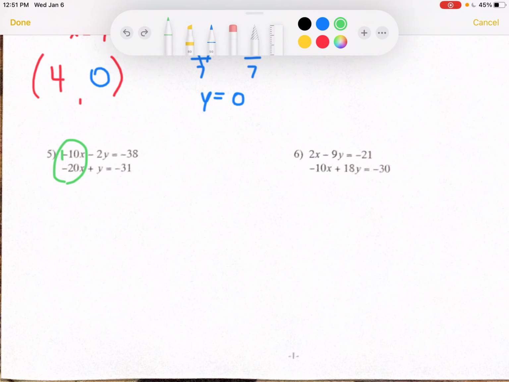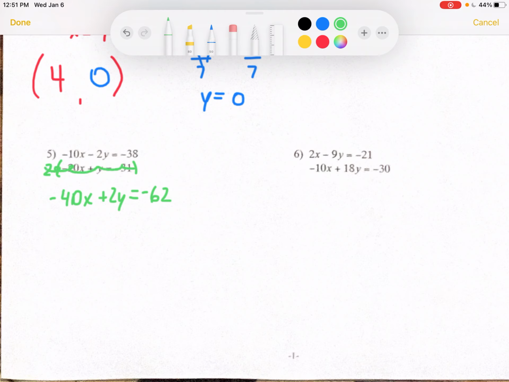So there's a couple easy ways to do it. I probably would multiply the bottom equation by 2. So then I'm going to have negative 40x plus 2y equals, just kidding, equals negative 62.